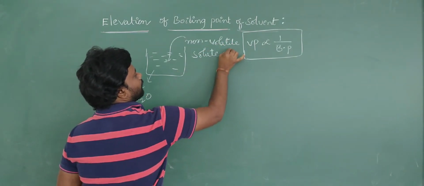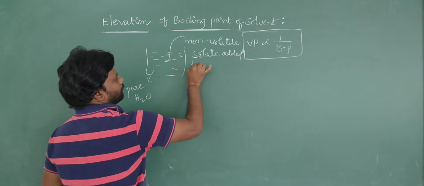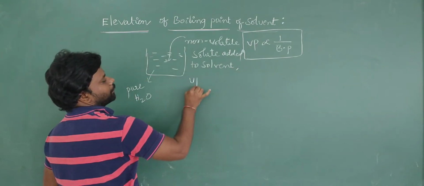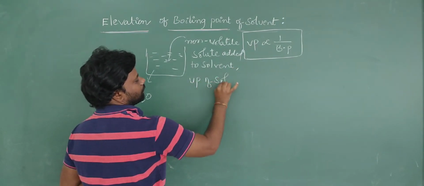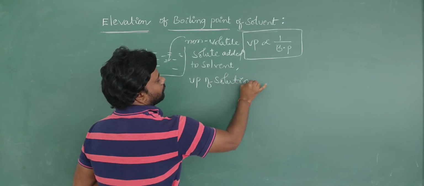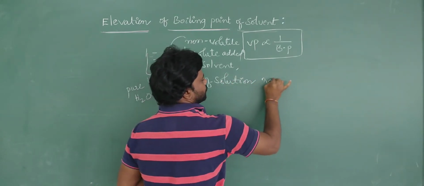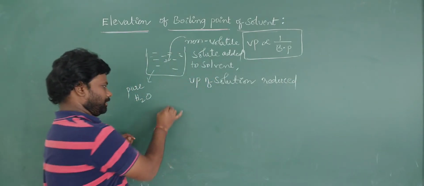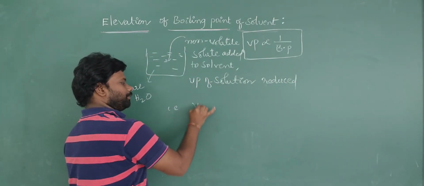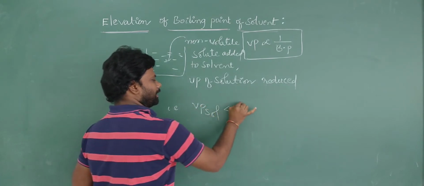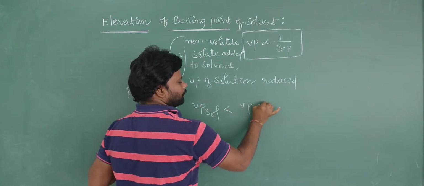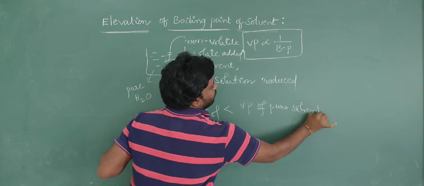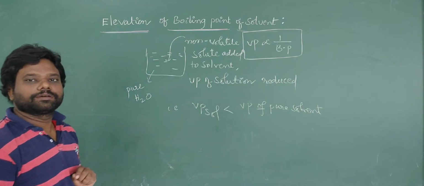Then the vapor pressure of the solution reduces, decreases, or lowers. That means the vapor pressure of the solution is lesser than the vapor pressure of the pure solvent.